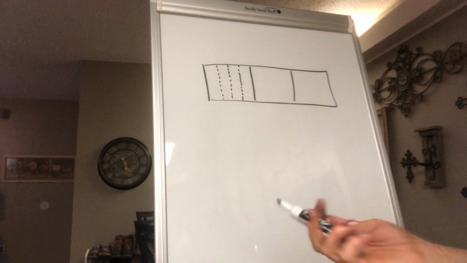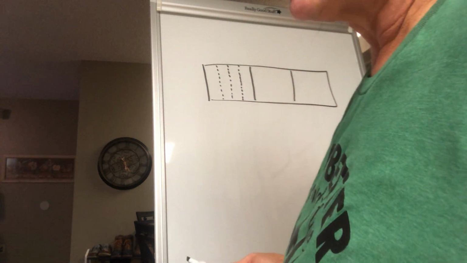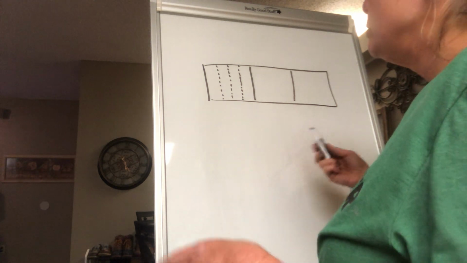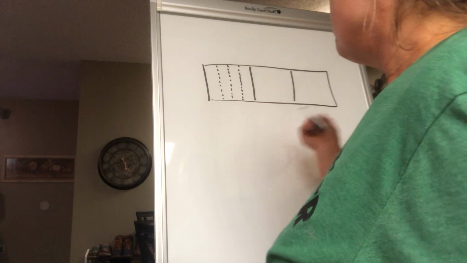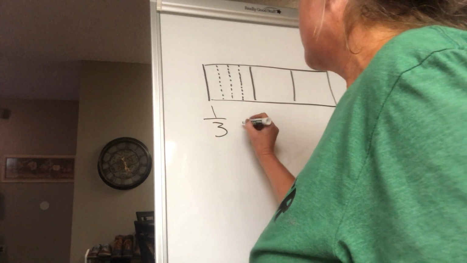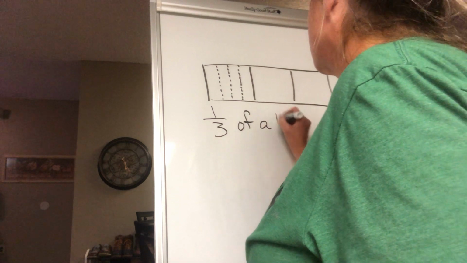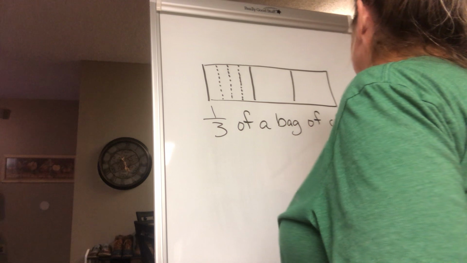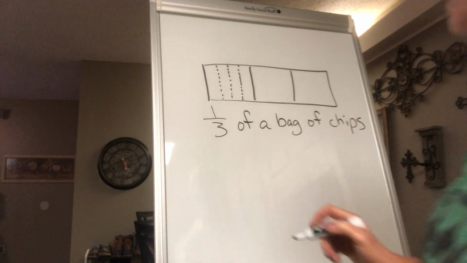Okay, so something on this one, it could be like when you got to the party, you had 1/3 of a bag of chips. 1/3 of a bag of chips.